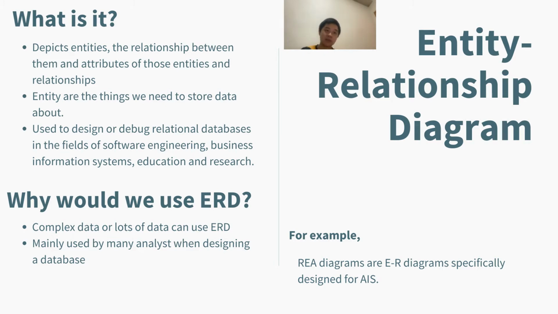It's an aspect of your business that needs to store data, such as sales, revenues, and etc. An ER diagram is used to design or debug relational databases in the fields of software engineering, business information systems, education, and research.